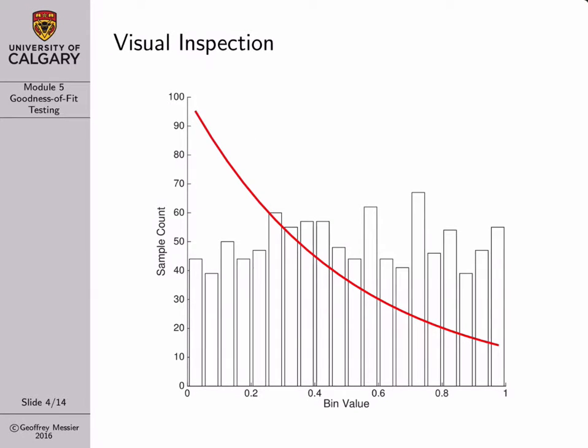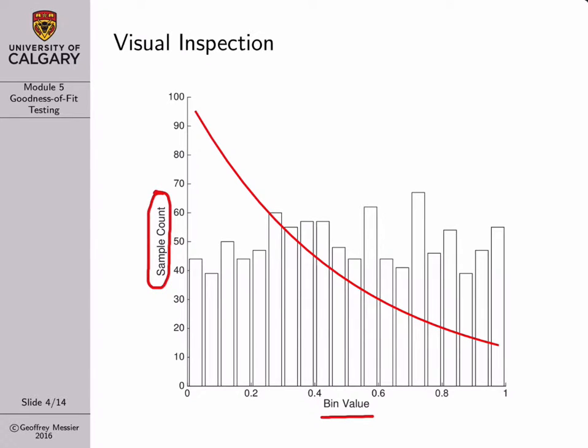Okay, let's get started. In the following slides, we're going to do an example of visual goodness of fit testing, where I'm trying to see if a decaying exponential equation can be used to describe an experimental histogram. On the x-axis of this plot, we have the value of our histogram's bins. On the y-axis, we have the number of samples that fall into each bin.